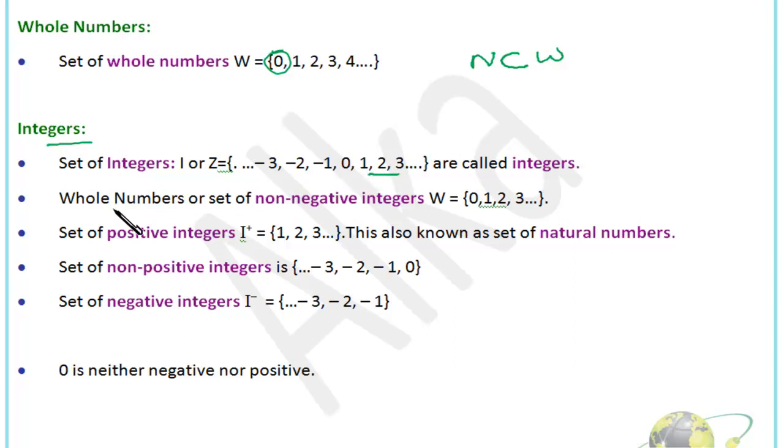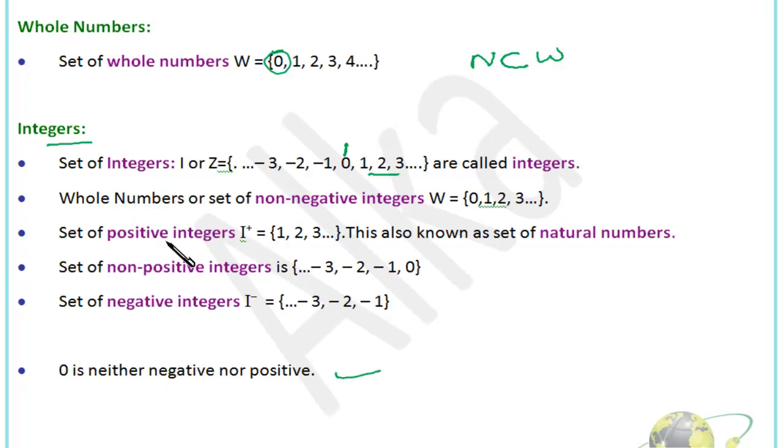Suppose we mark a point or a line over here. The numbers on the right hand side of 0 are positive integers. The numbers on the left hand side of 0 are negative integers, and 0 is a special integer that is neither negative nor positive.